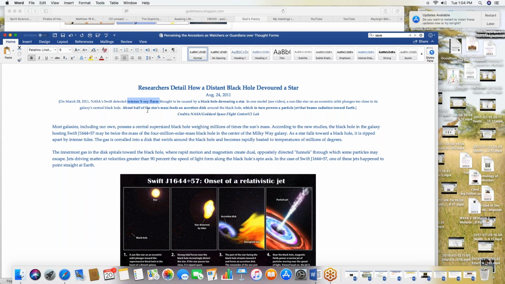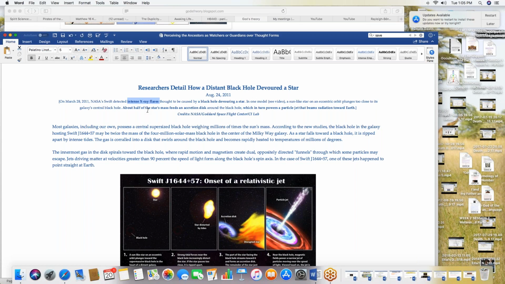Solar energy, when it's absorbed by plants, only absorbs what? 1%. But when a star eats, half of the mass of the star feeds the accretion disk around the black hole, which in turn powers a particle jet that beams radiation toward the earth.